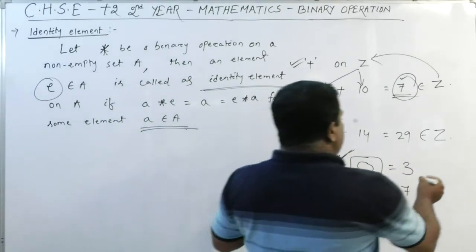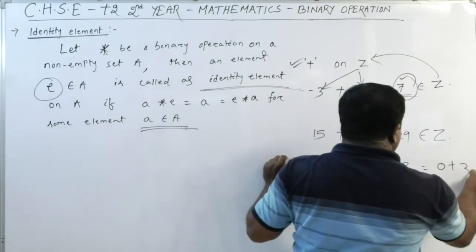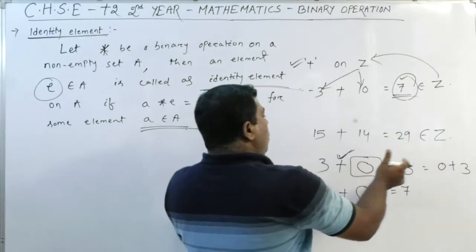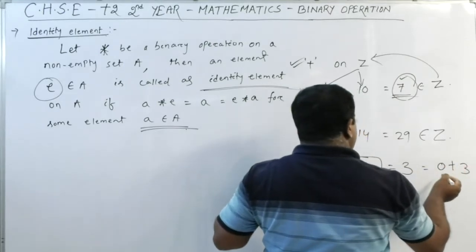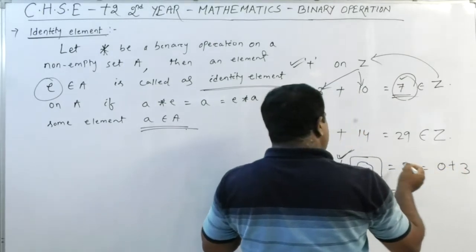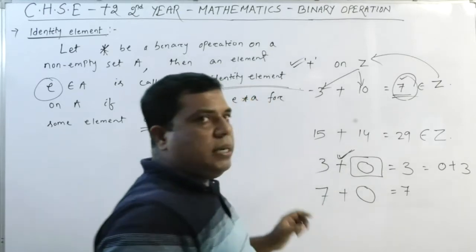We can also write it as 0 plus 3. Either 3 operated with 0 or 0 operated with 3, the value of 3 is the same. So it does not change.